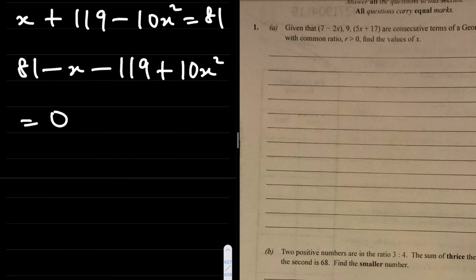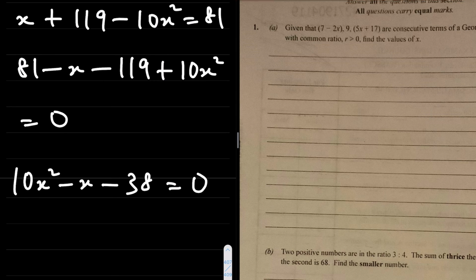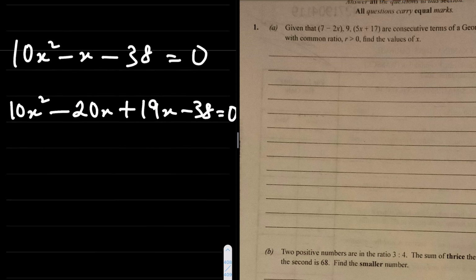And if I rearrange, the equation becomes 10x squared minus x, 81 minus 119 is minus 38, equals 0. Now I can solve this quadratic equation by the factorization method. This simply means 10x squared minus 20x plus 19x minus 38 equals 0.